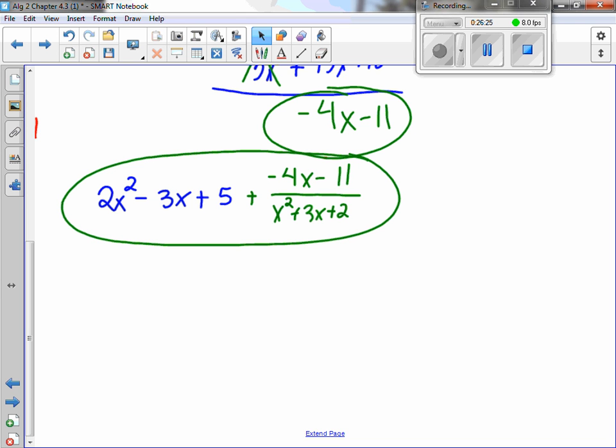We put it over what we're dividing by. Any questions on this here? We're ready for another one because I feel like we need to do at least one or two more. Yes?